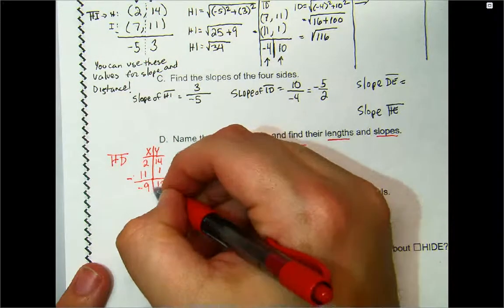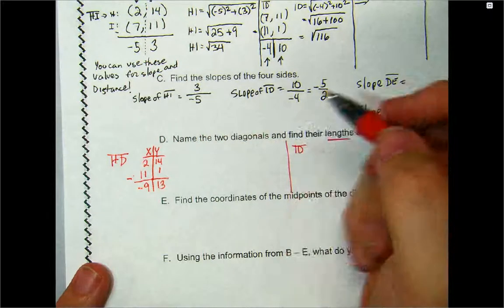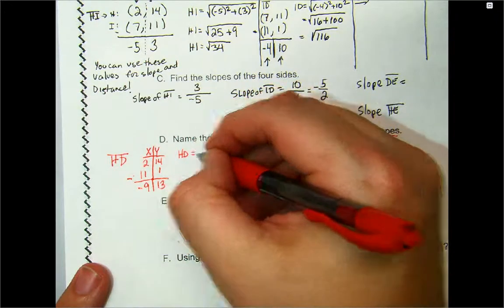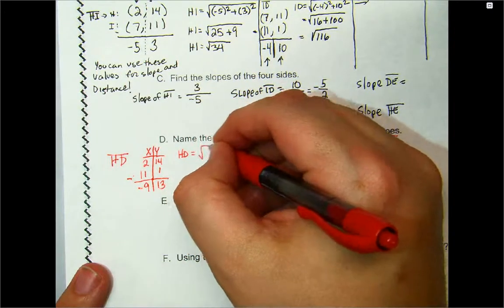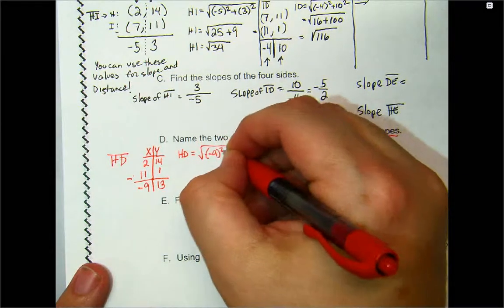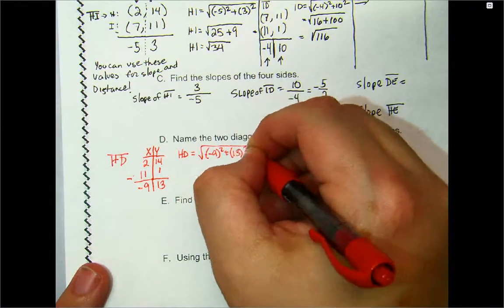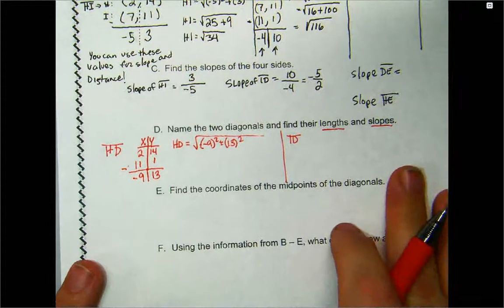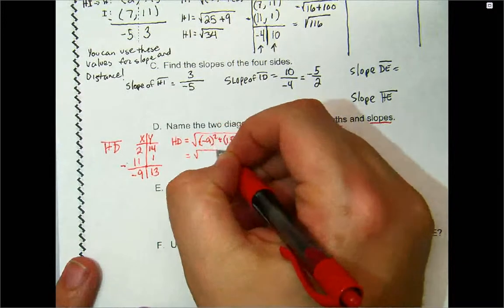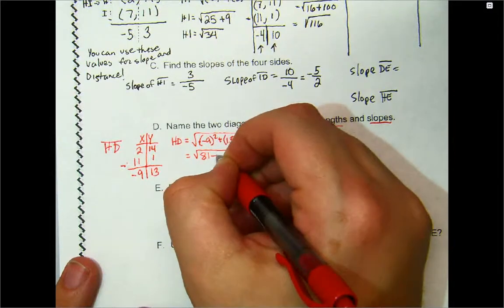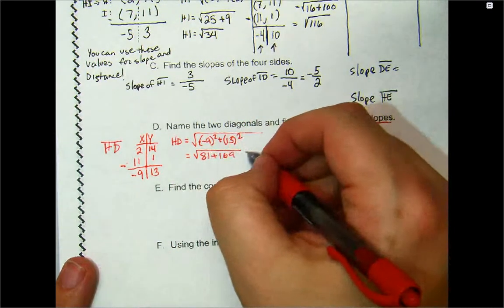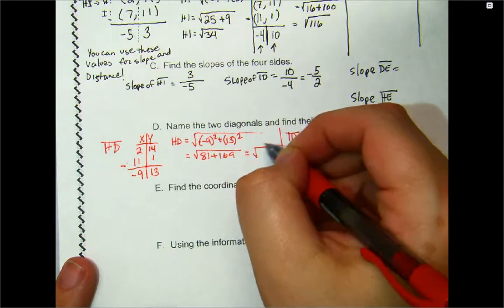I can figure out the length of HD, which is the square root of negative 9 squared plus 13 squared, which is 81 plus 169, which is the square root of 250.